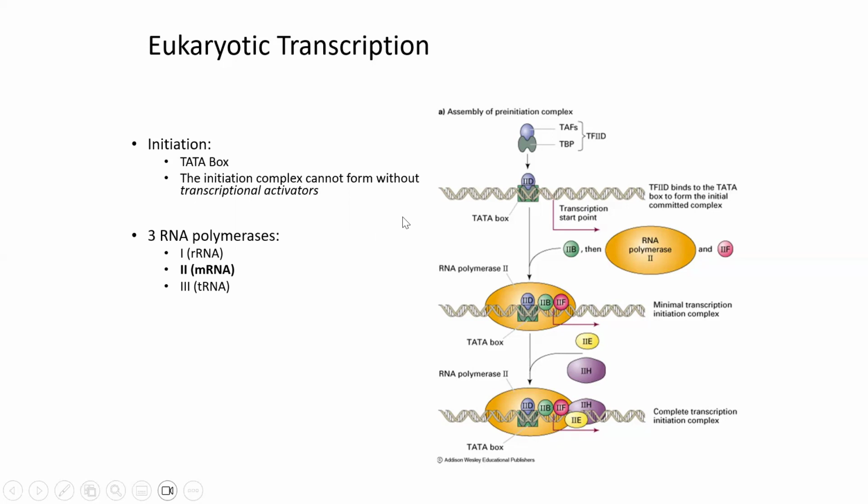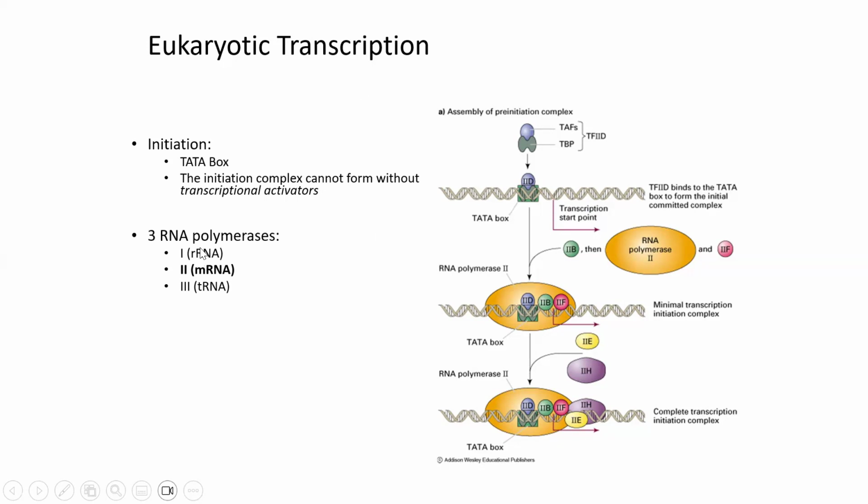It involves 3 different RNA polymerases, but in transcription, we're going to focus on RNA polymerase 2, which is primarily for mRNA or messenger RNA. Each of the different types of RNA polymerase has its own function in which type of RNA they produce.